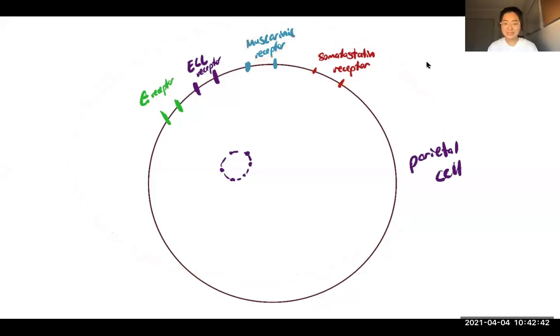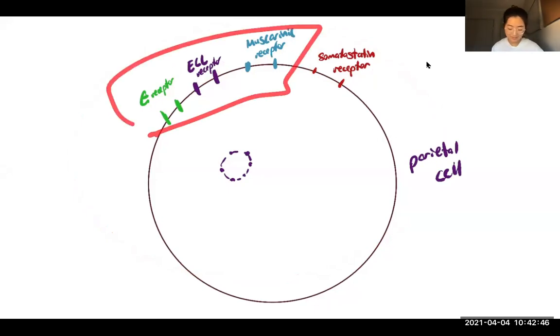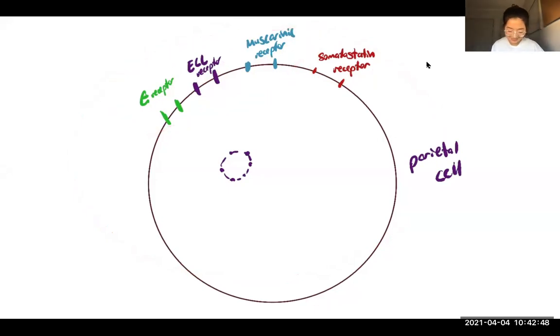What happens is you get stimulation of any of these three receptors, or all three at once, doesn't really matter. For your G receptor, you might get gastrin coming in. That's going to activate your G receptor. You might get histamine coming in here. That's going to activate your ECL receptor. And muscarinic, remember, is to do with your parasympathetic. So you have acetylcholine come in and activate your muscarinic receptor.